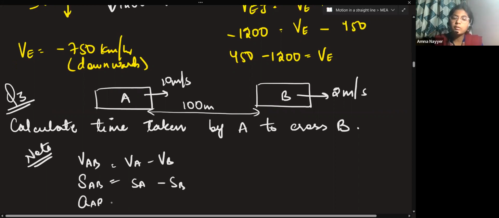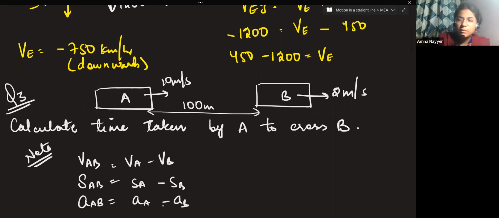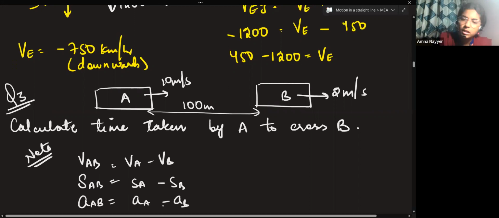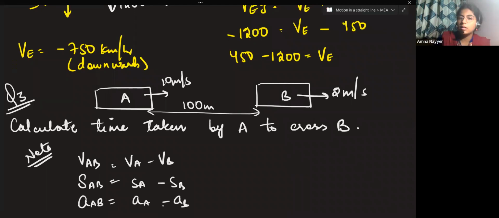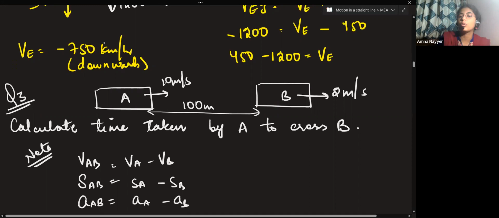Acceleration of A with respect to B becomes acceleration of A minus acceleration of B, and so on. Whatever you've studied for velocity, you can apply it for everything. Time is an absolute quantity. Time will not change with respect to anything. So time will be the same. Now use this, use your uniformly accelerated equations of motion, use the concept of relative velocity. Now tell me, what will be the time taken by A to cross B?